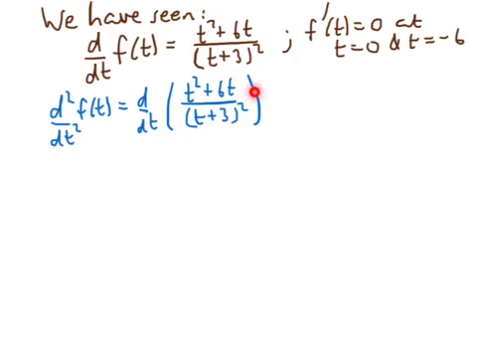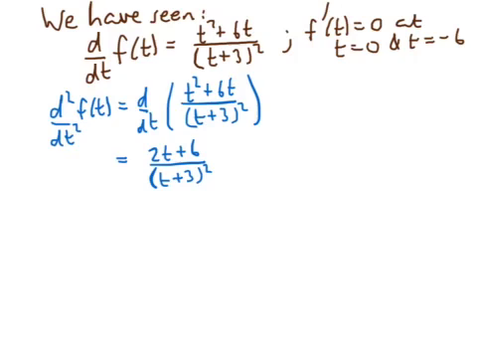So I think of this as t squared plus 6t multiplied by t plus 3 to the power of minus 2, because this is in the denominator. So what I'm going to get, therefore, is when I differentiate the first term, the numerator, I get 2t plus 6 over t plus 3 all squared.